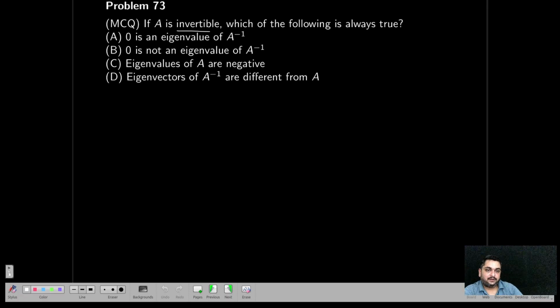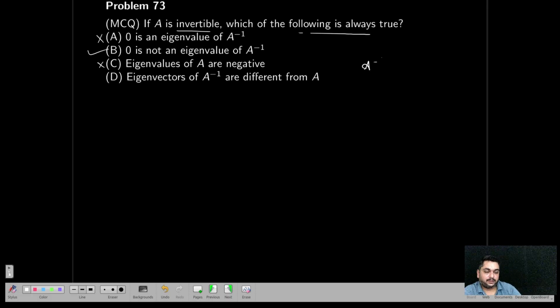If A is invertible, which of the following is always true? If A is invertible, an eigenvalue will never be 0. Is 0 an eigenvalue of A? No. 0 is not an eigenvalue of A inverse. Eigenvalues of A are negative? You cannot say anything. Eigenvectors of A inverse are different from A?